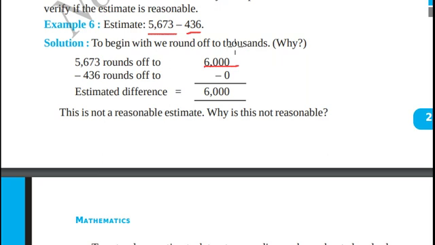Okay, that's fine. 436 is nearer to 0 when we are rounding off to the thousands place. So this becomes 0. When we subtract these two numbers, we will get 6,000. This is not a reasonable estimate. When you take away some number from 5,673, the result should be lesser, but we are getting a number which is greater than 5,673. So this is not a reasonable estimate.